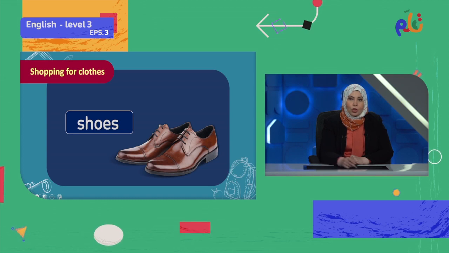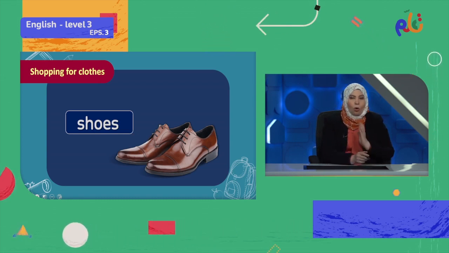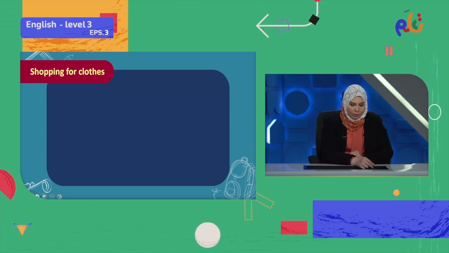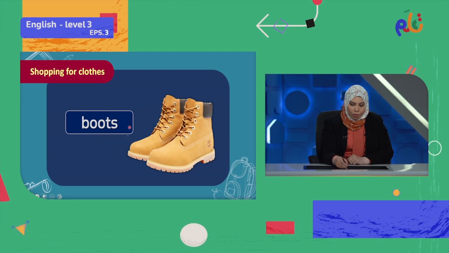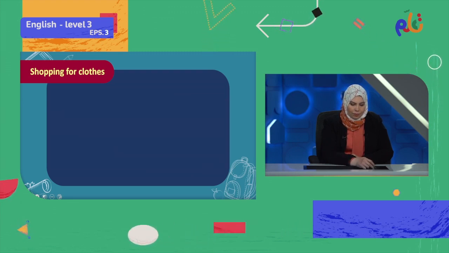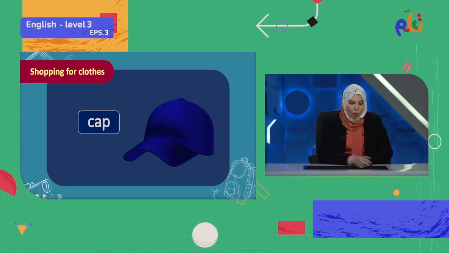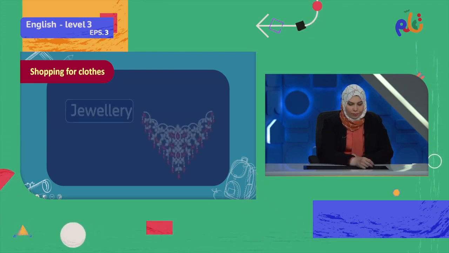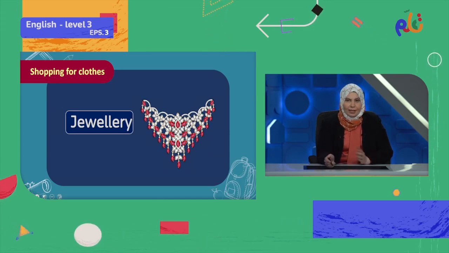And we have shoes, which are the classic ones or the formal ones. Boots, a cap, which is the casual one, and we have jewelry, which is the accessory.